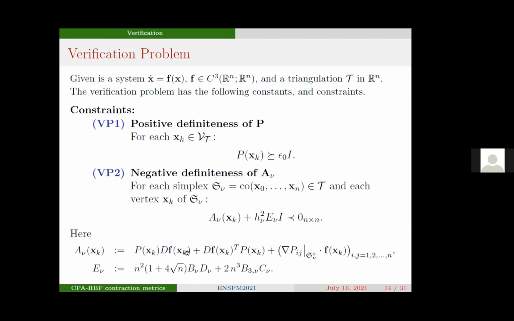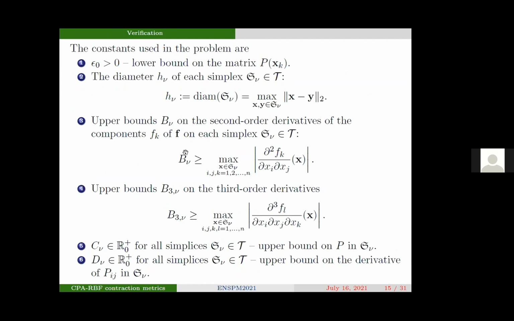A_ν, as you can see here, is more or less the same as the L_M we had before, and the extra term here is to guarantee that if these conditions hold at every vertex, then at any other point inside the simplex the conditions we want are also satisfied and verifiable. Now, the constants you see here are the second-order derivatives of components of f and third-order derivatives, the diameter of each simplex, the dimension of the system, and upper bounds on P and the derivatives P_ij.